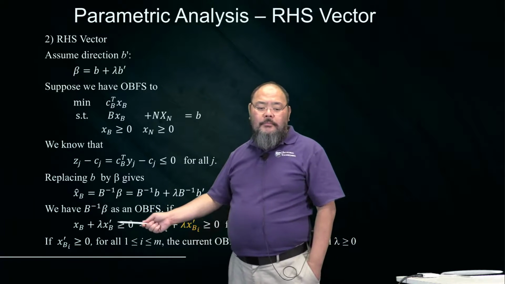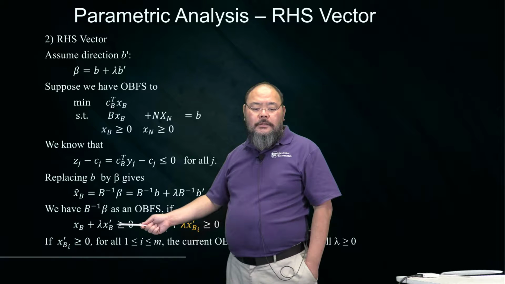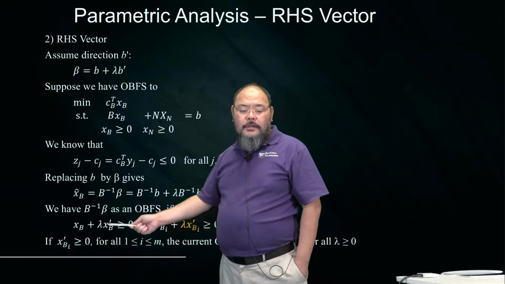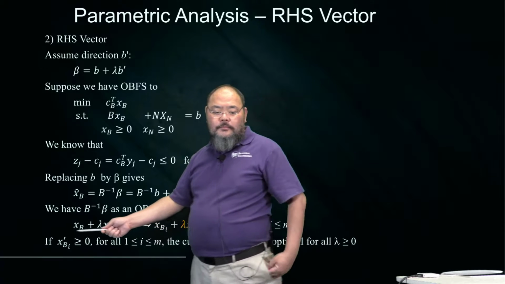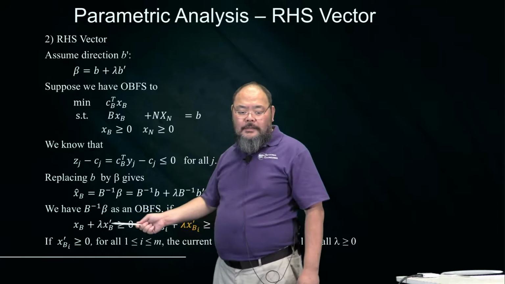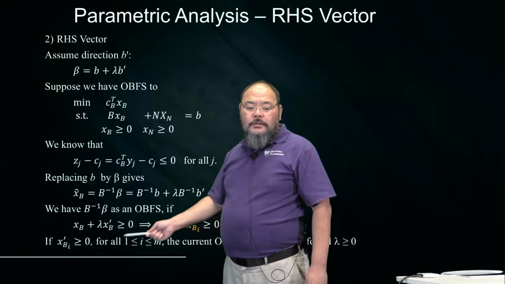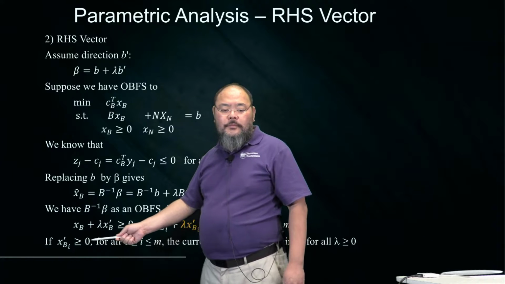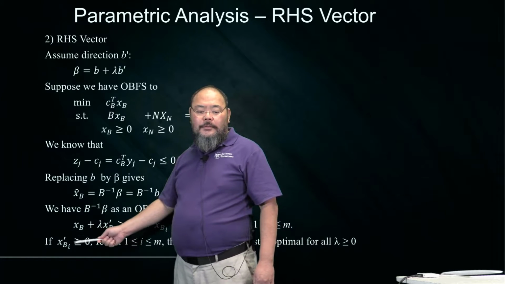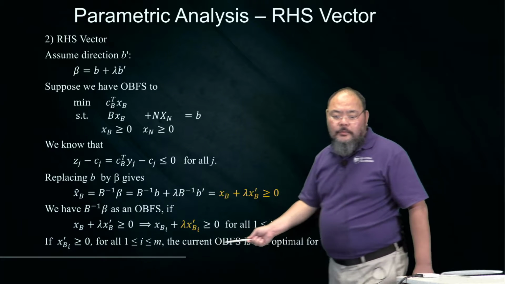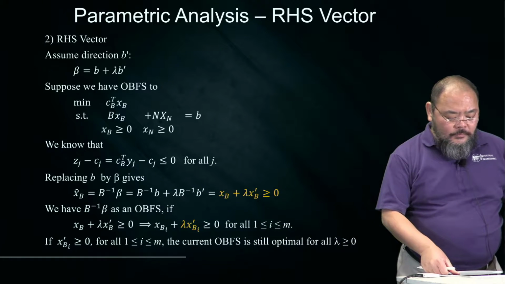If the elements of X prime B are non-negative, then non-negative plus a positive times a non-negative will always be non-negative. So if X prime B i is greater than or equal to 0, there is no problem with the current solution.